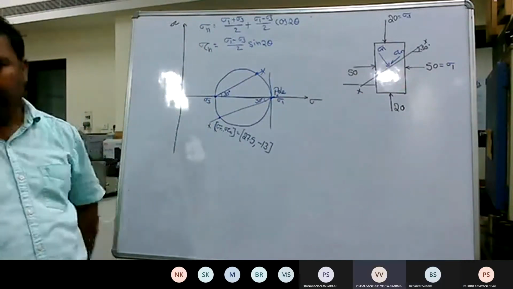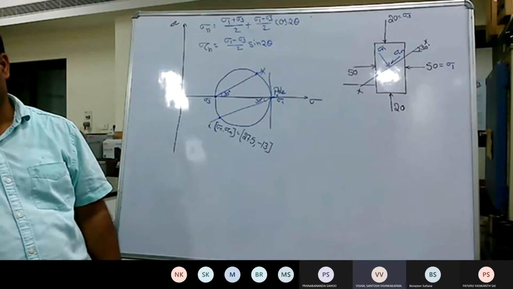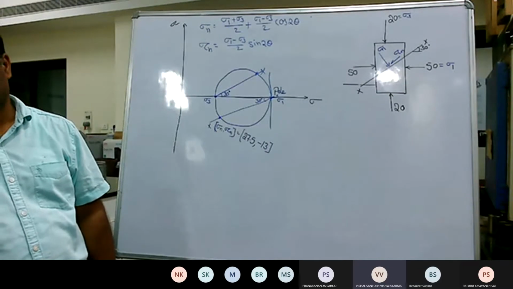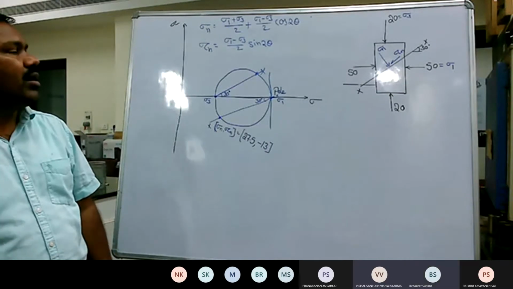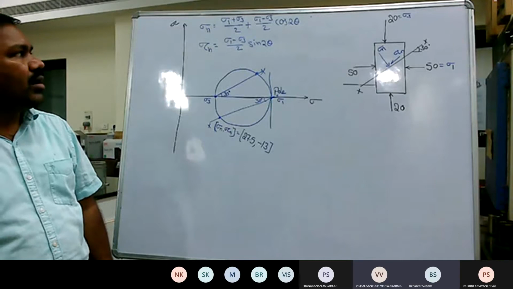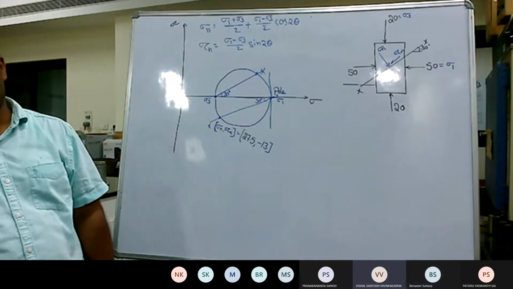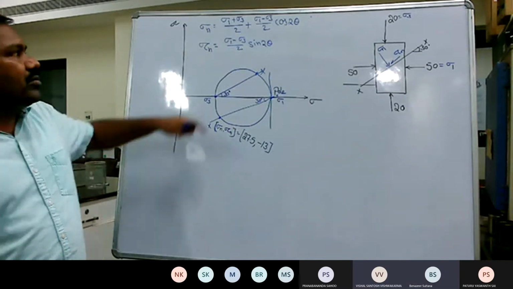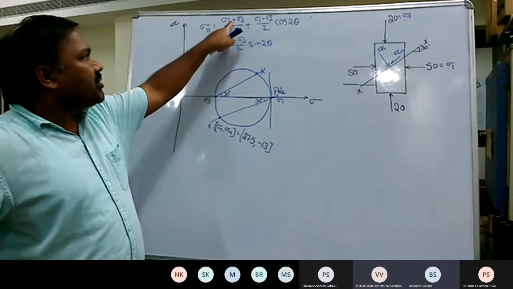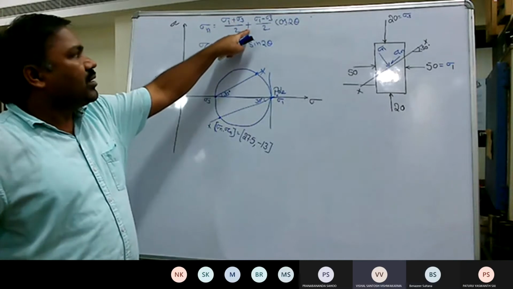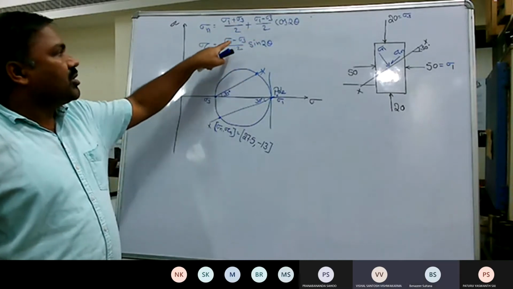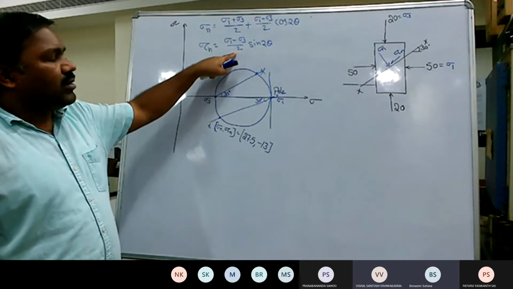And sir, actually the formula is tau n equal to minus sigma 1 minus sigma 3 divided by 2, sir. There will be a minus coefficient, sir. Sir, I have derived the formula also, sir. No, see, you are saying this one, tau n is sigma 1 minus sigma 3 by 2 sine 2 theta, no?